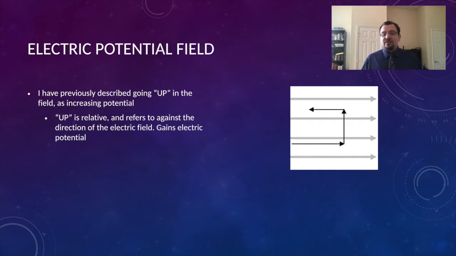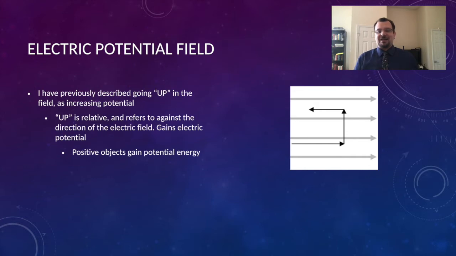So if you're moving against the direction of the electric field, you are gaining electric potential. In this case, moving to the left is moving up the electric field and therefore gaining electric potential. And if you're a positive object, this means that you're gaining electric potential energy.